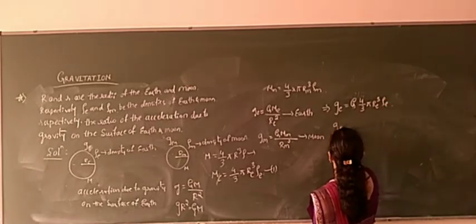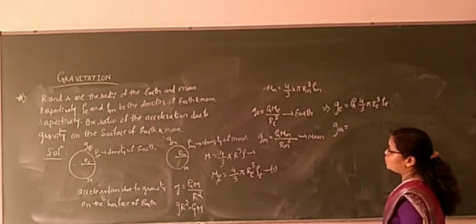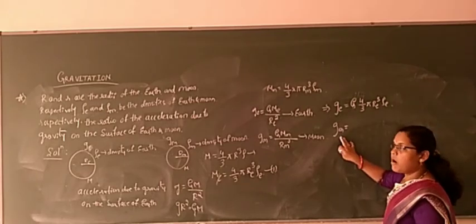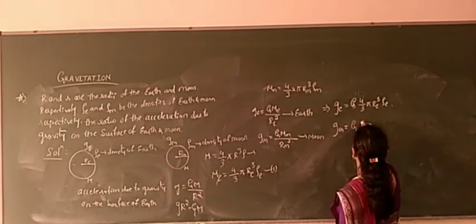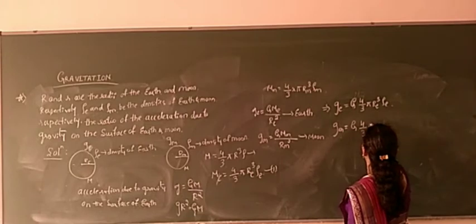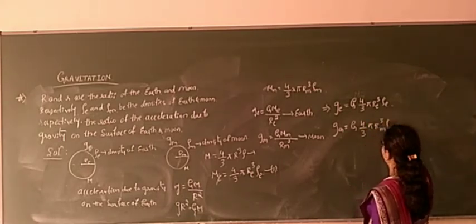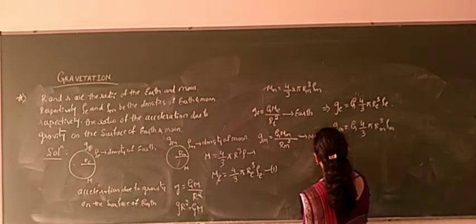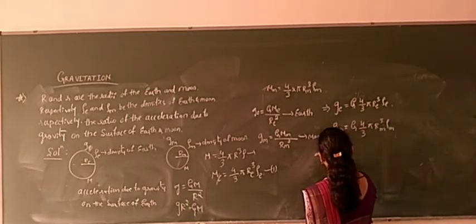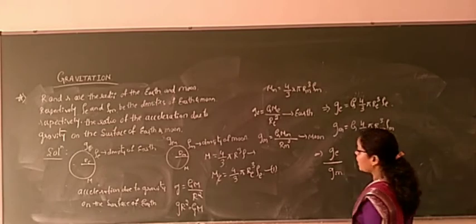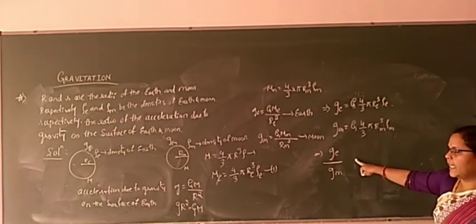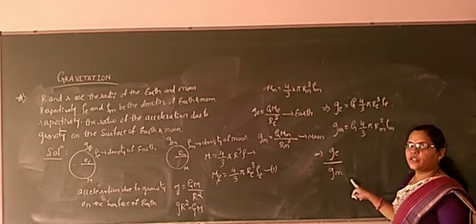Then what about the moon? Acceleration due to gravity on the moon is capital G times 4 by 3 pi r_m cubed rho_m. Now move on to the ratio. Ratio of acceleration due to gravity on the surface of the earth and on the surface of the moon.